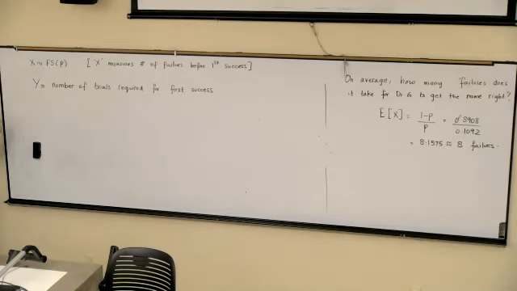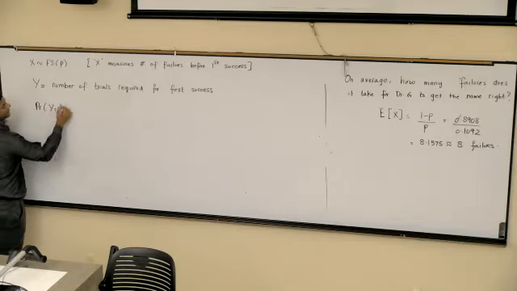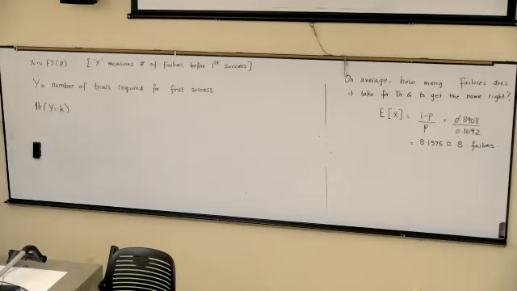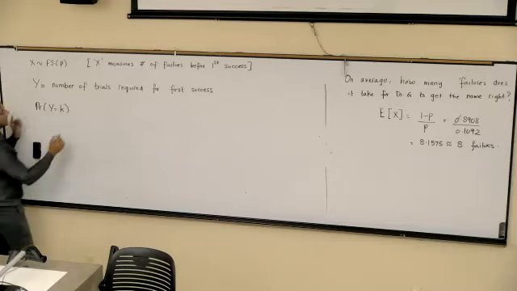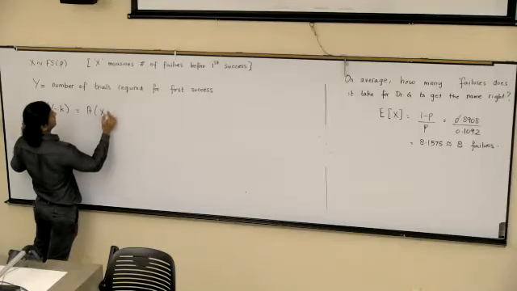So any time we found the number of failures, or number of tries, it is always the number of failures plus 1, right? That is the number of trials you would need. So if I have to write probability of Y is equal to k, yes, that would equal the probability of X plus 1.